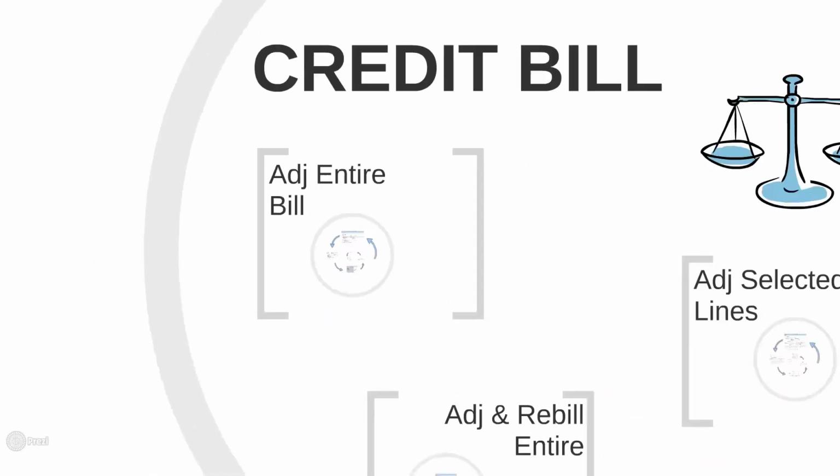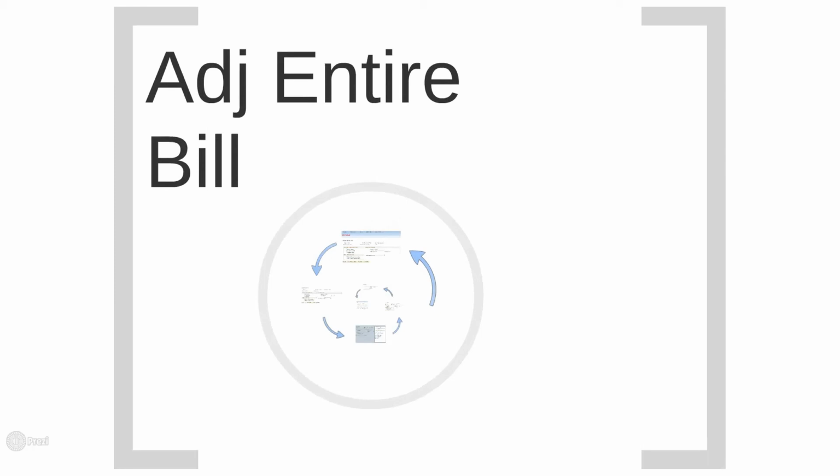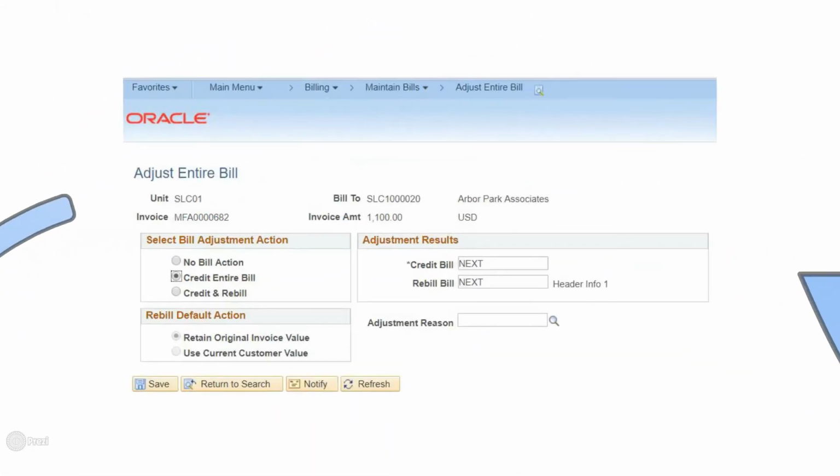So there are 3 options that I will instruct you on that we use currently in PeopleSoft, and we'll go over each one of those. The first is adjusting an entire bill. So make your navigation in PeopleSoft to this page, adjust an entire bill, and you want to make a couple of changes on here.